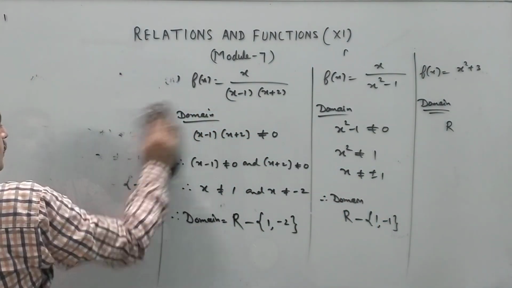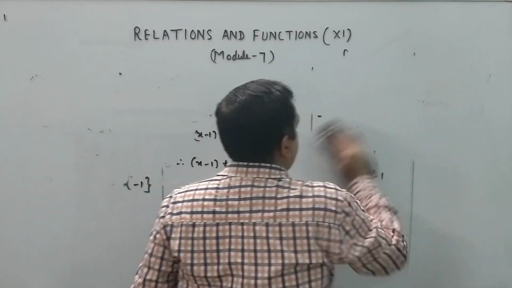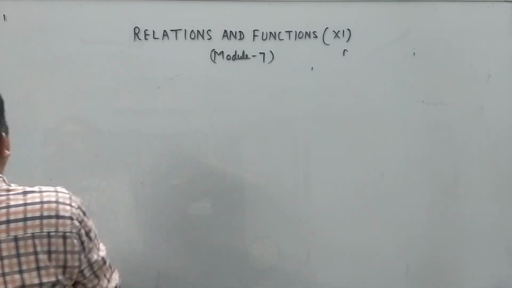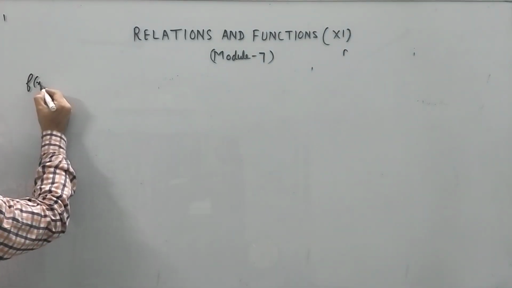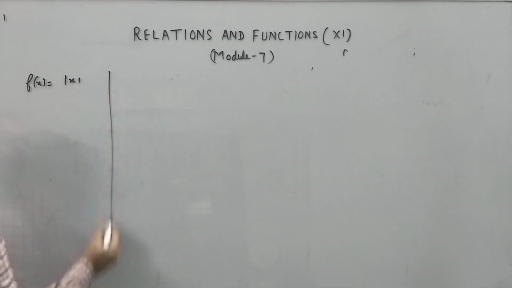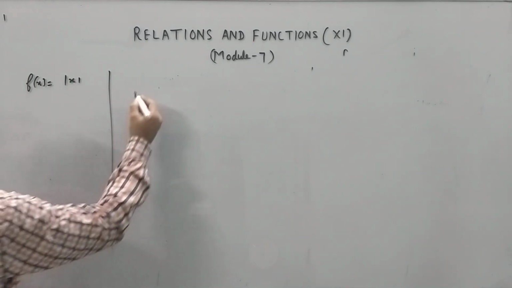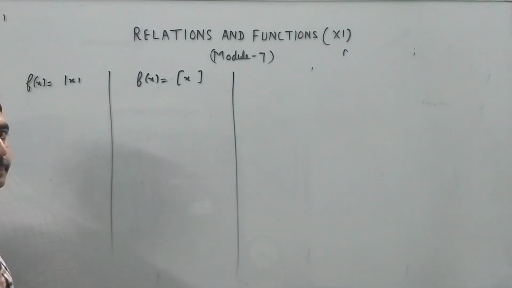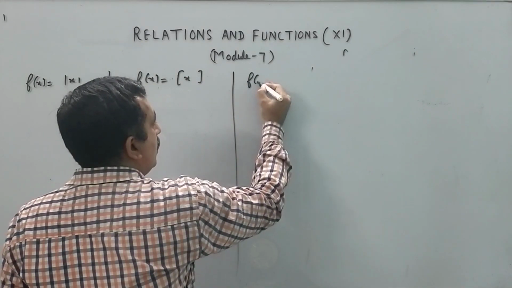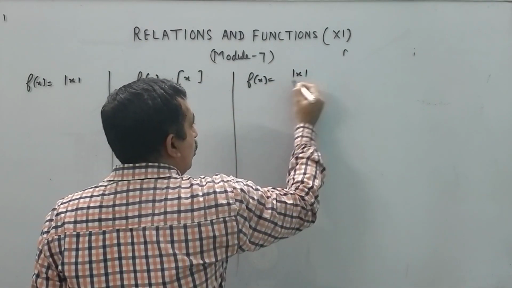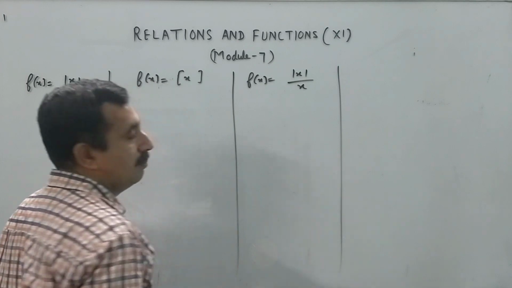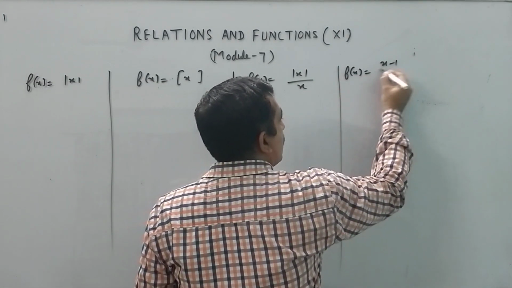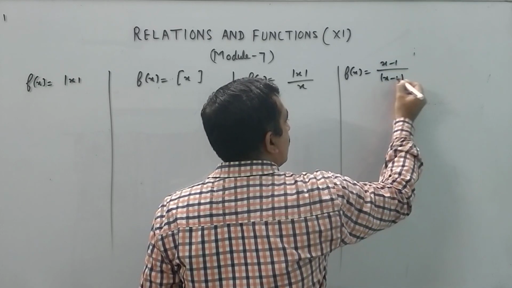Second, suppose the question is f(x) equal to modulus x, the absolute function. f(x) equal to the greatest integer function. f(x) equal to absolute x divided by x, modulus x divided by x. f(x) equal to x minus 1 divided by the modulus of x minus 1.